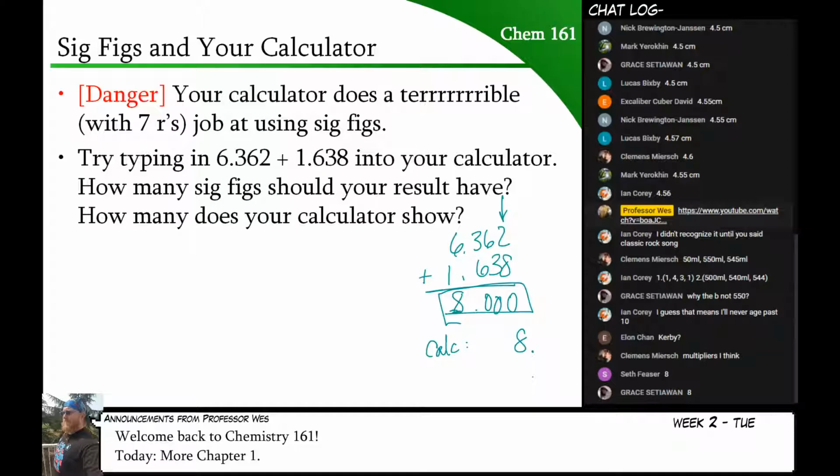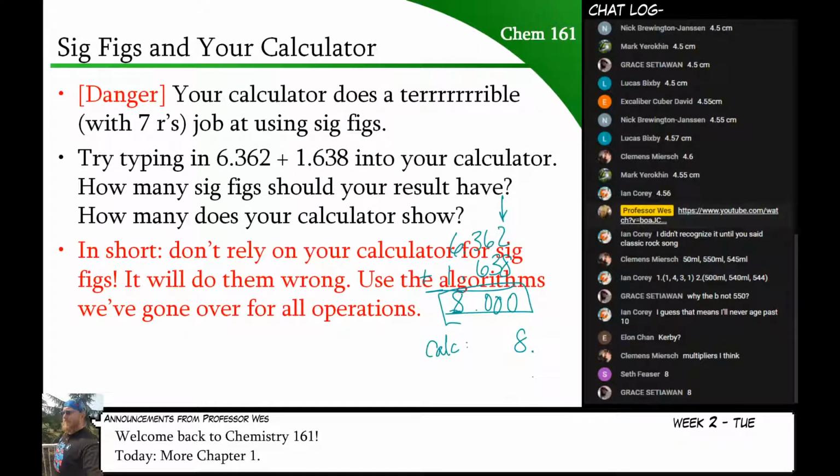This is where the $3,996 rounded to $4,000 thing comes from. Your calculator just removes any extraneous information that it doesn't need because it's programmed very simply. However, in some cases in science, we do need those zeros. So just be mindful of that. Don't rely on your calculator to do sig figs because it will do them wrong.